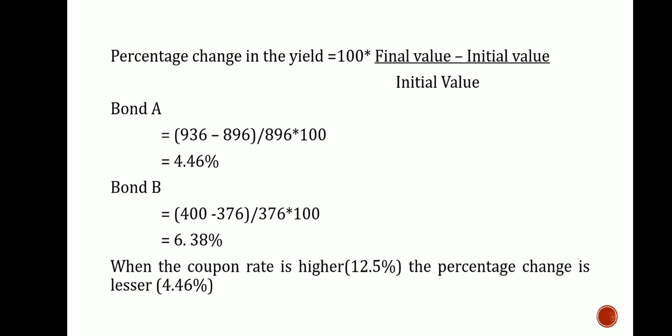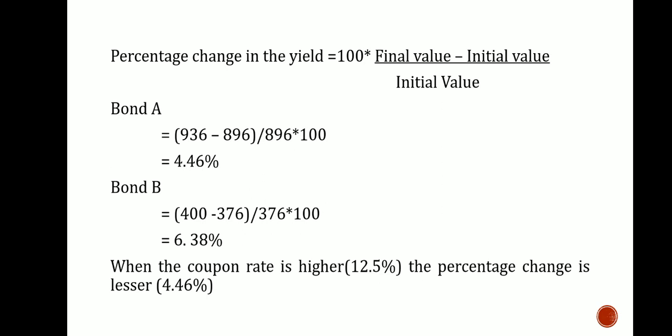Bond A at 14% yield, market price is rupees 936, that is the final value. At 15% yield, market price is 896, that is the initial value. Therefore, the percentage change is 936 minus 896 divided by 896 into 100, we get 4.46%.